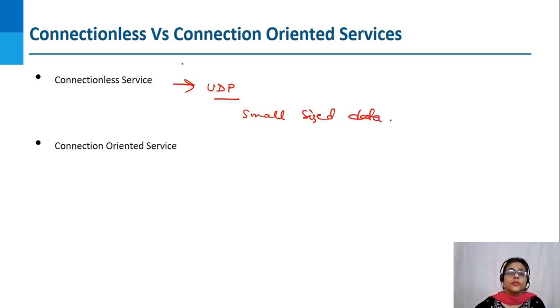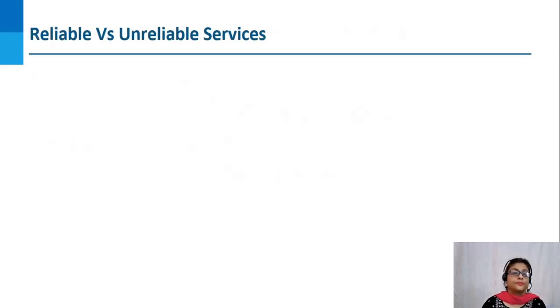For connection-oriented services, mainly TCP, or Transmission Control Protocol, is used, and it is used for large-sized data. Path setup is made before the transfer of the data, and at the end of data transfer, the path is closed by terminating the service.